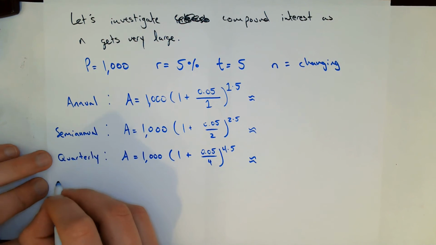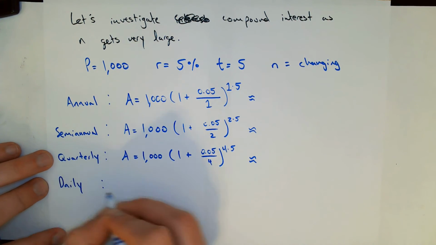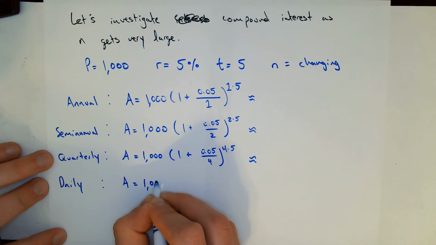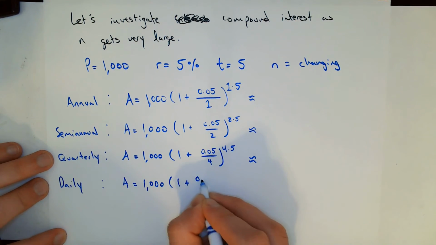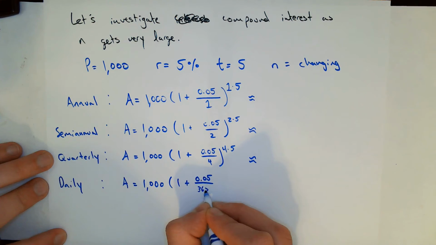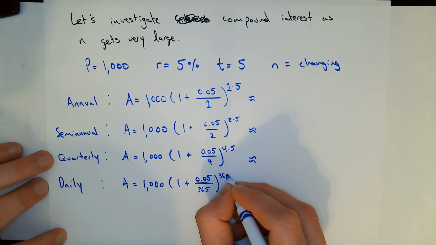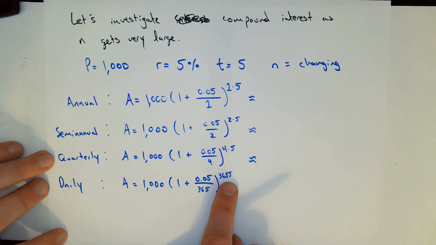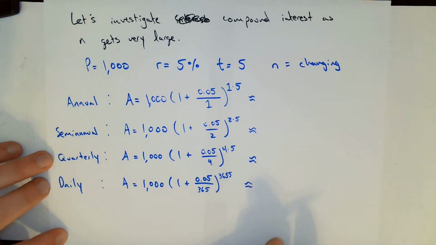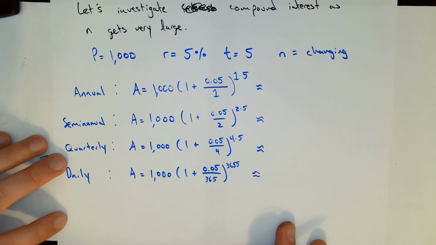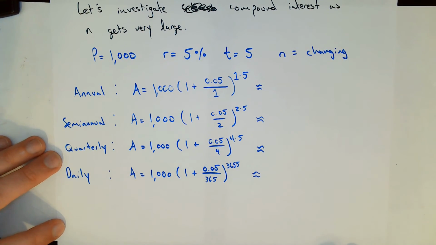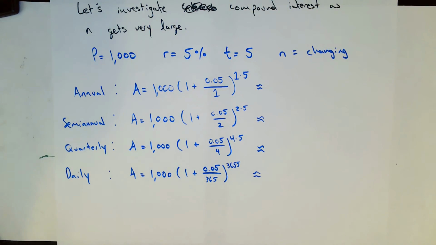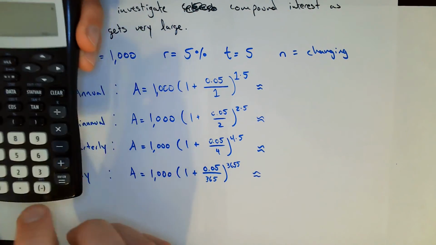Okay, I'm going to jump now to daily, just because I don't want to write down all of these. Oh crap, what did I do? That's supposed to be 365 times 5. So that's N times T, and that'll be something. And then let me just say, what if they did it not just daily, but every minute or something?